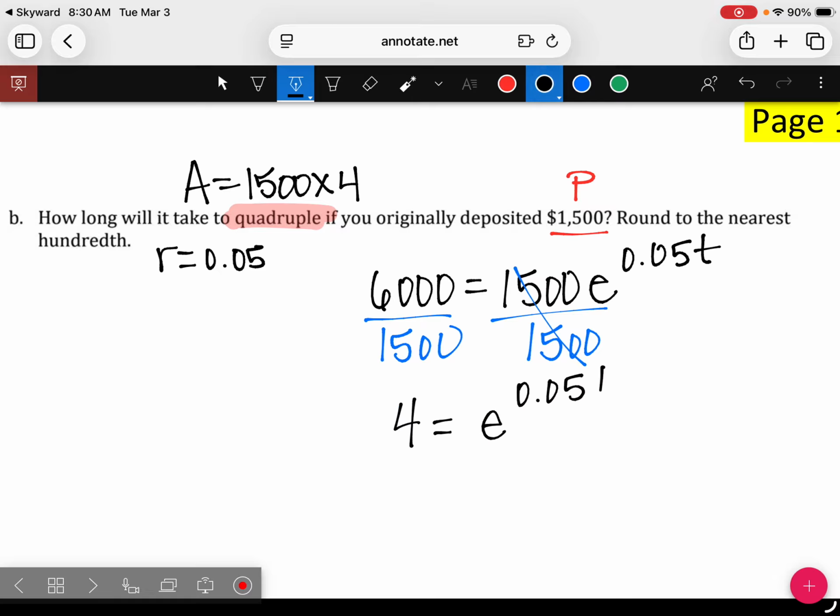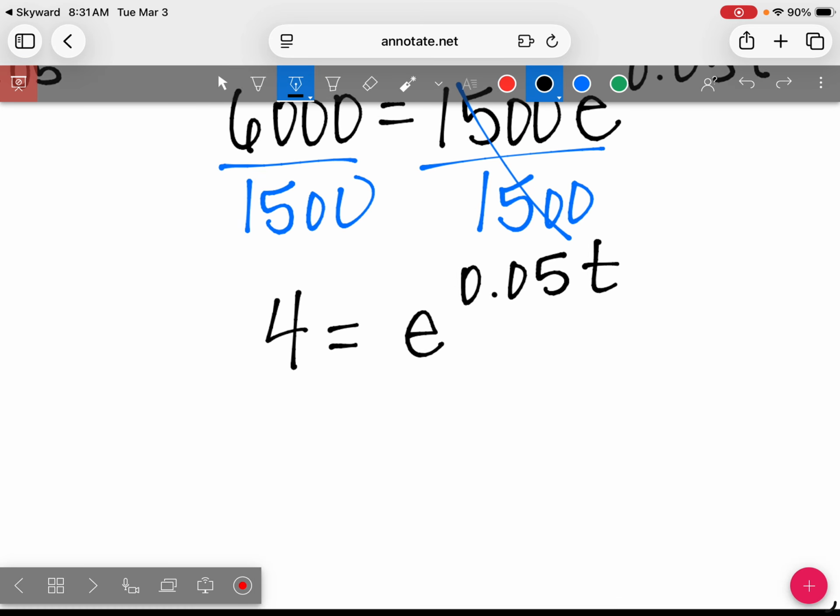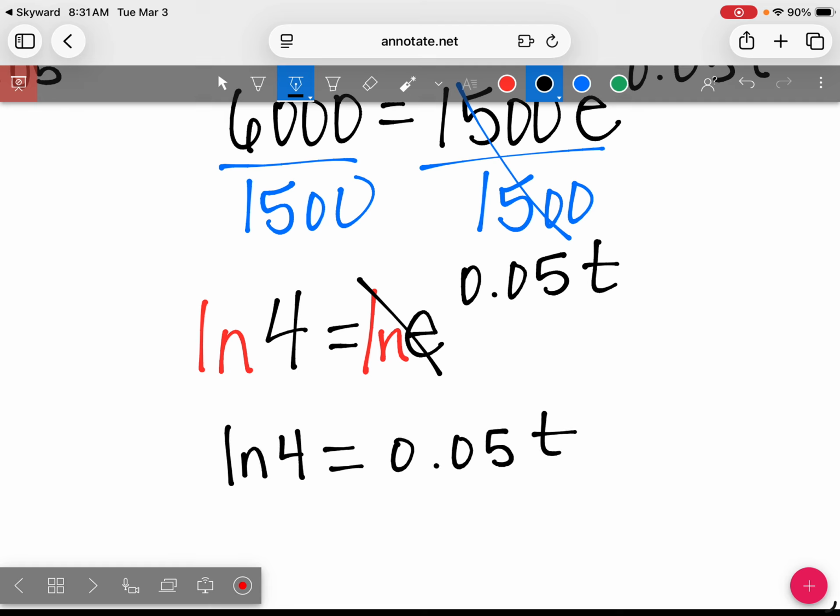The opposite of E is natural log. That's going to cancel that out. So I have the natural log of 4 equals 0.05 T. And my last step is to divide natural log of 4 by 0.05.